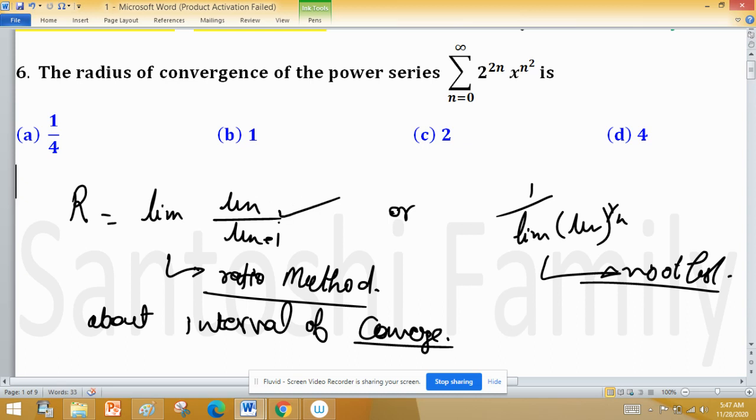When the term comes out as x minus a raised to the power n, then we should take the mod, because we don't know for which values of x this series converges or not. We apply the ratio test only for positive term series, so use mod or absolute bar.